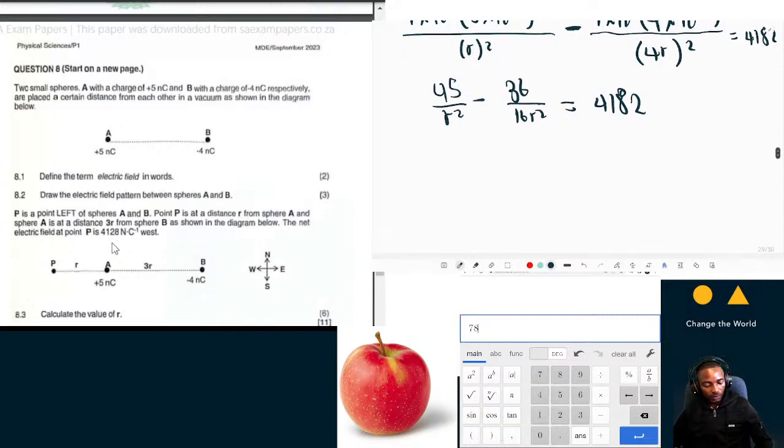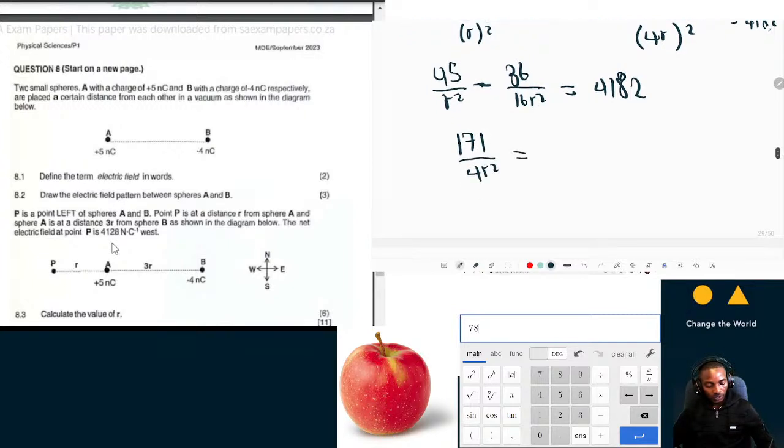Now we need to solve the left-hand side. What is 45 over 1 minus 36 over 16? This will be equal to 171 over 4R squared, which is equal to 4182 over 1.